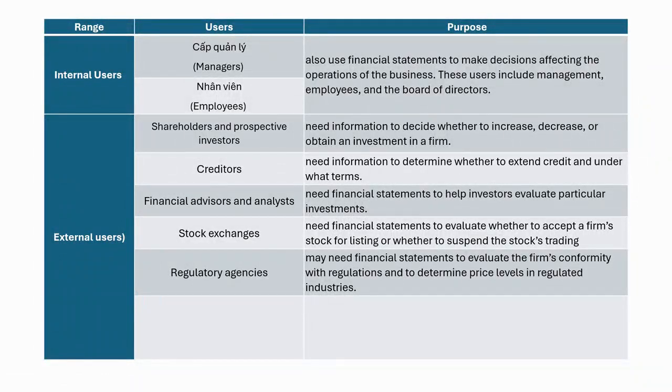Financial advisors and analysts need financial statements to help investors evaluate particular investments. Stock exchanges need financial statements to evaluate whether to accept a firm's stock for listing or whether to suspend the stock's trading. And regulatory agencies may need financial statements to evaluate a firm's conformity with regulations and to determine price levels in regulated industries.